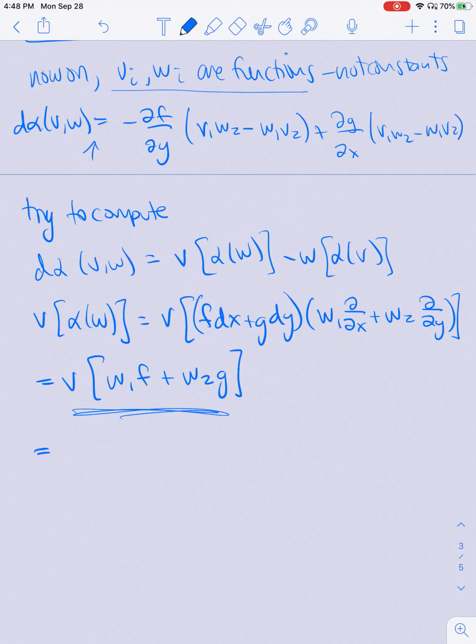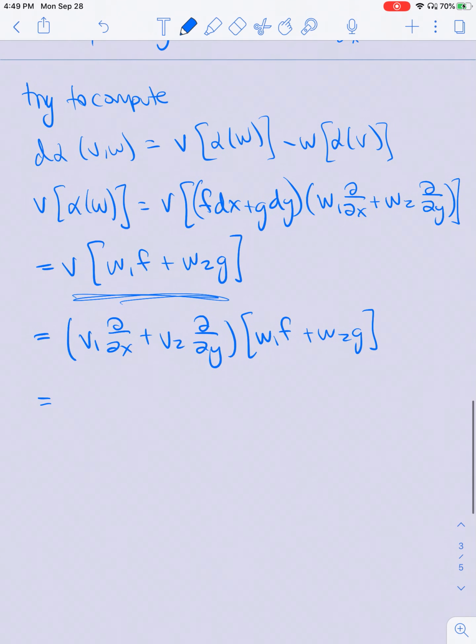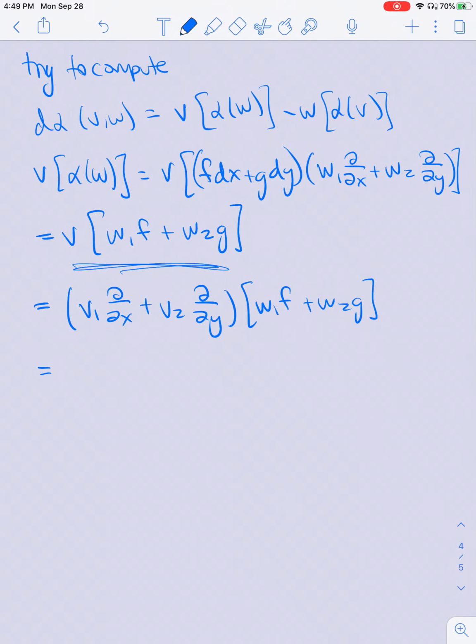So what I'm going to end up getting is the vector field v1 d by dx plus v2 d by dy applied to w1 times f plus w2 times g.